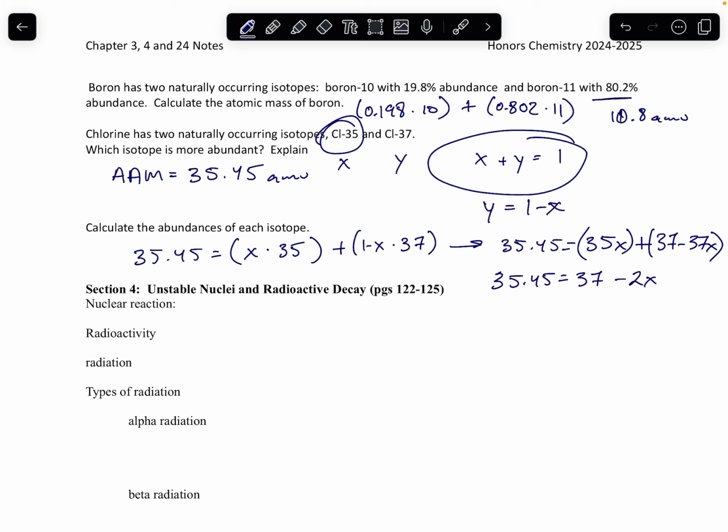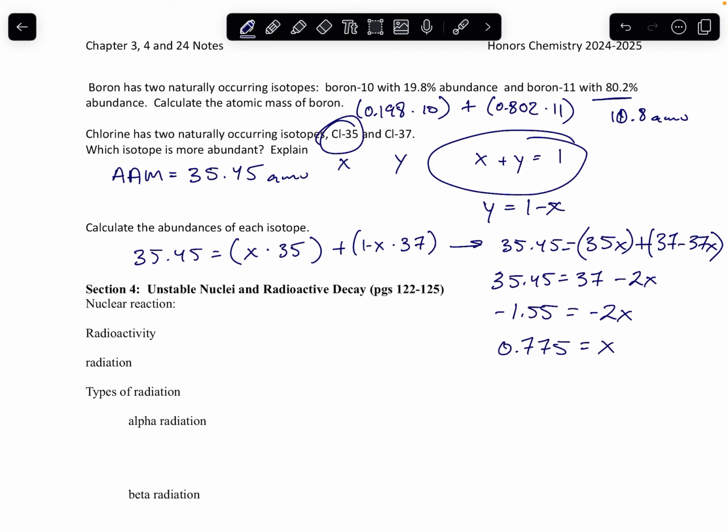Right, and so then all I've got to do is finish solving here. So 35.45 minus 37. I get negative 1.55 equals negative 2x. Okay, so 1.55 divided by 2, we get 0.775 equals x.